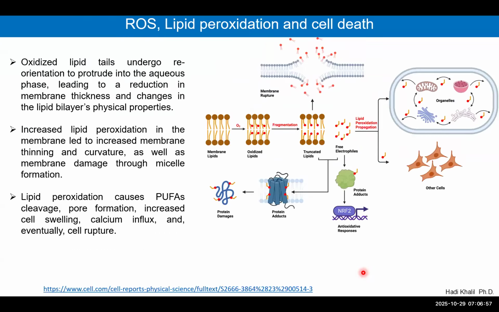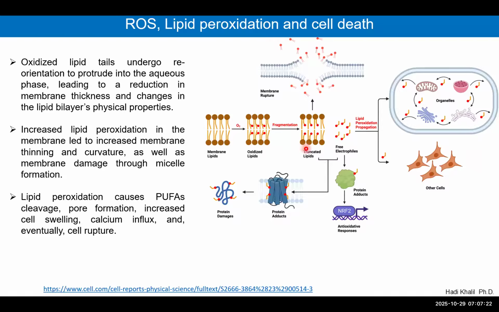So if we look at this slide here, which is very similar to what we have in the previous two slides, it's adding one more component. So the membrane becomes compromised because the lipids are oxidized. But then this causes fragmentation. So there is a possibility that this membrane will break because these lipids are now truncated.